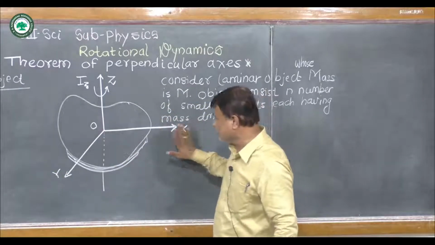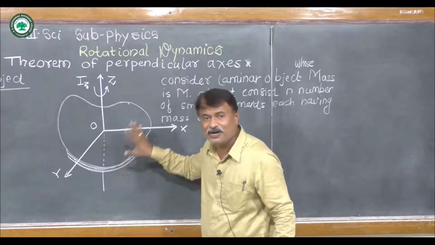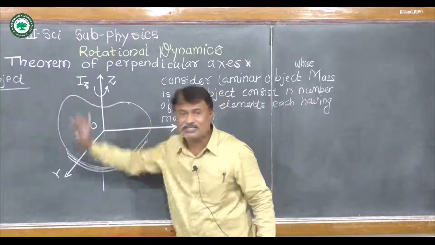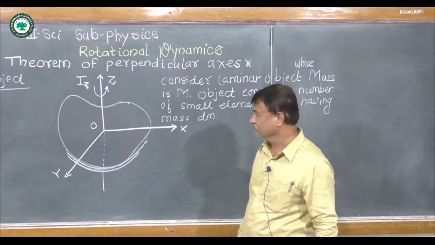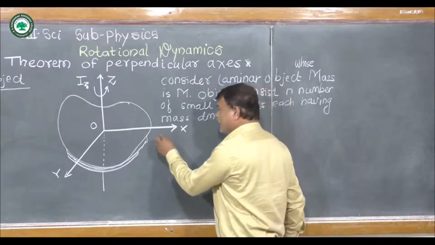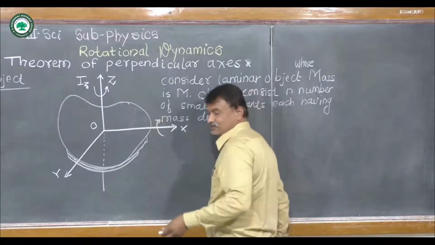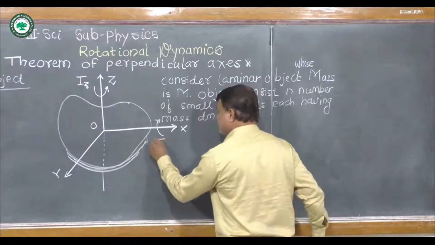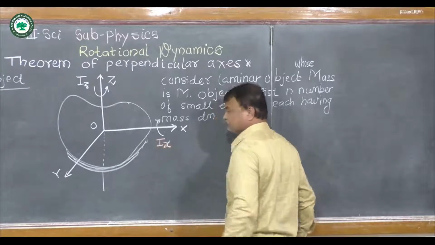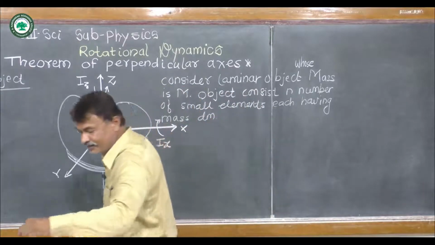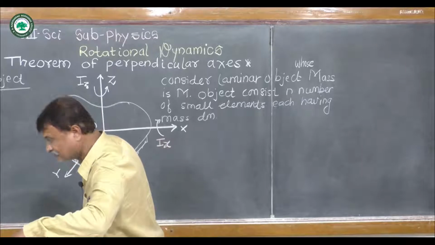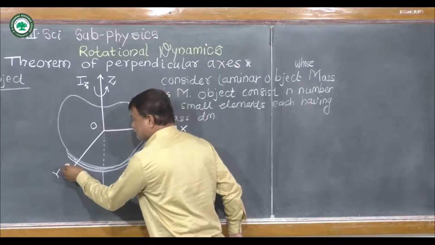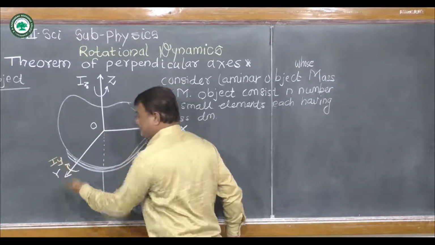Both the X axis and Y axis are mutually perpendicular to each other but lie in the same plane, that of the laminar object. If this lamina is rotating about this X axis, then the corresponding moment of inertia is given by Ix. If the laminar body is rotating about the y-axis, then its moment of inertia is given by Iy.